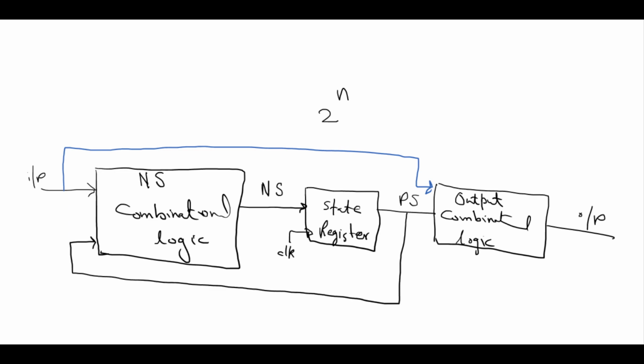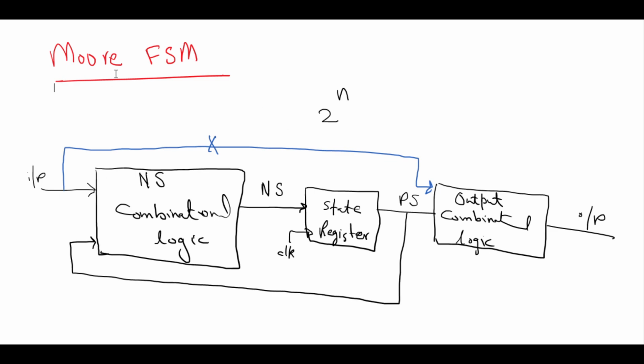Now, if you remove this link from this Mealy type machine, it will become Moore finite state machine. In Moore type finite state machine, you do not have any linkage of your output combinational logic with the input.